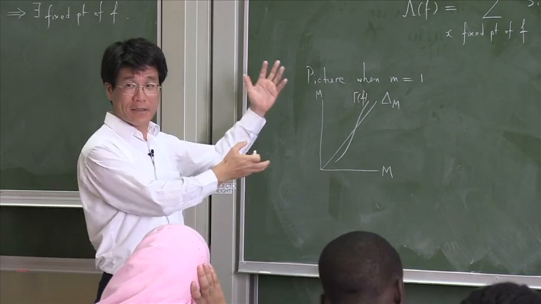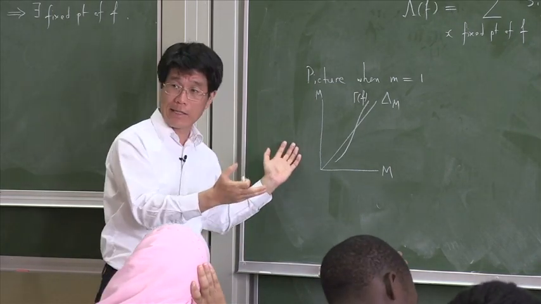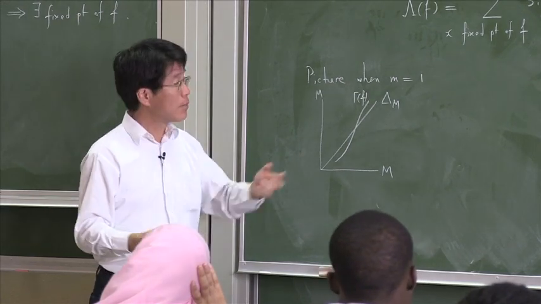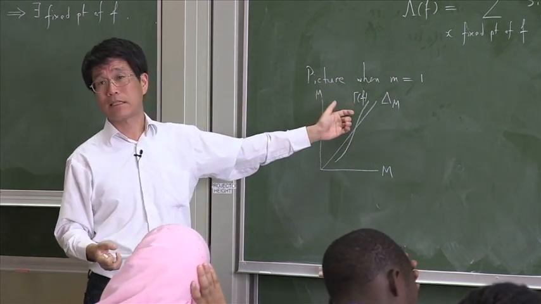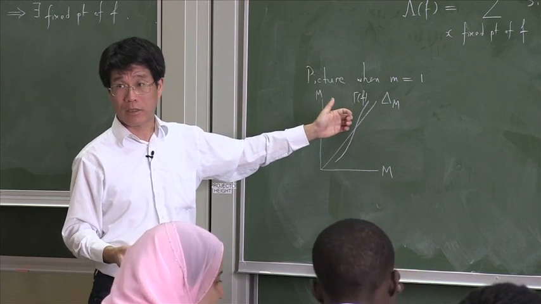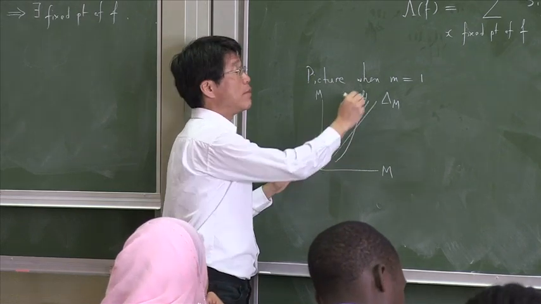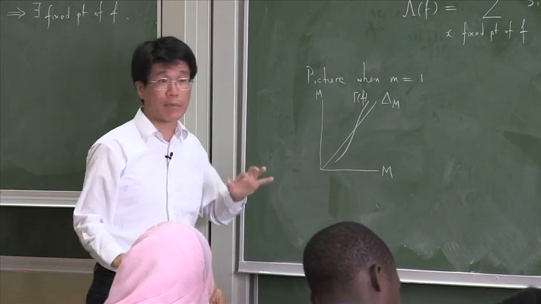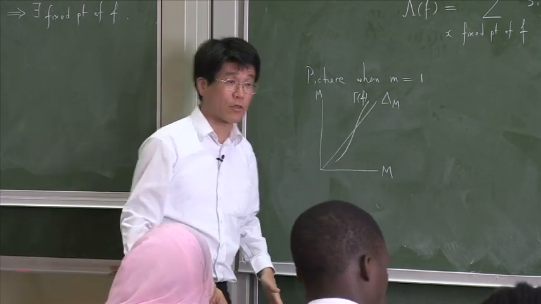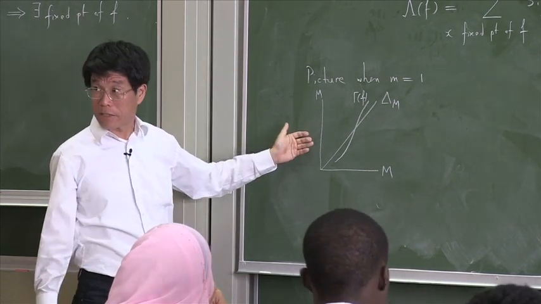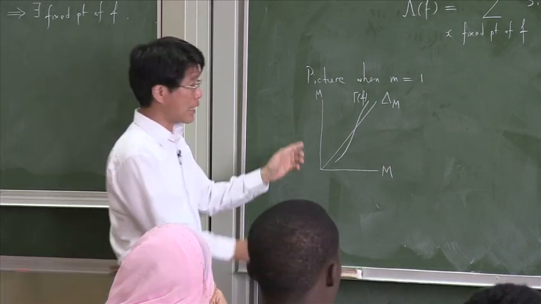It's like modern art, if you like. It represents a situation in a suggestive way so that we understand, but usually such a picture is not a literal picture. When I draw a curve like that, I don't really mean that the graph is a curve. Sometimes the graph might be a surface, and so on. But in the one-dimensional case, this is literally true. What you're seeing is actually true.